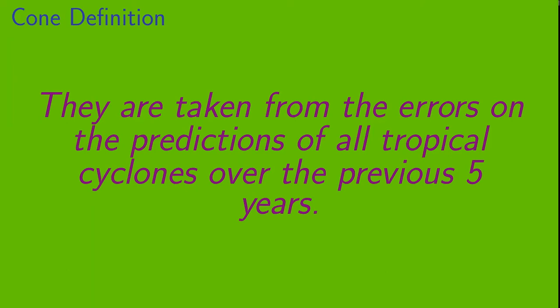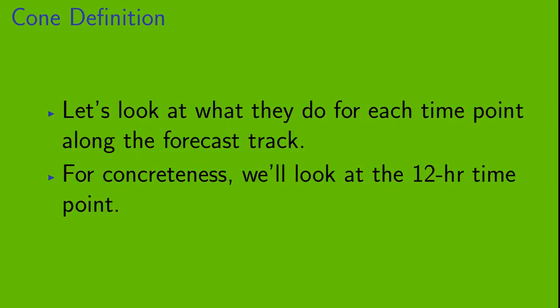Instead, they are taken from the errors on the predictions of all tropical cyclones over the previous 5 years. Okay, so let's look at what they do for each time point along the forecast track. For concreteness, let's start with the 12-hour time point.